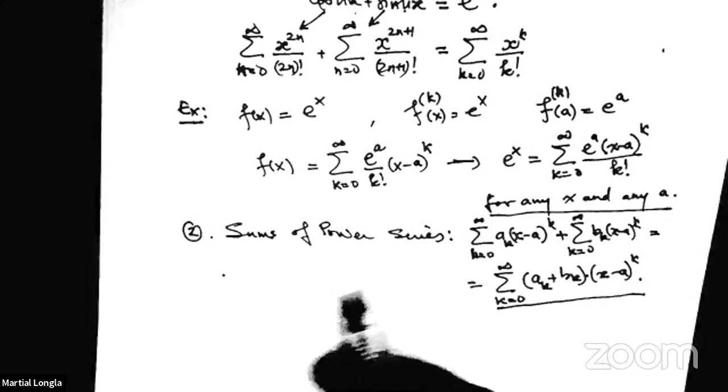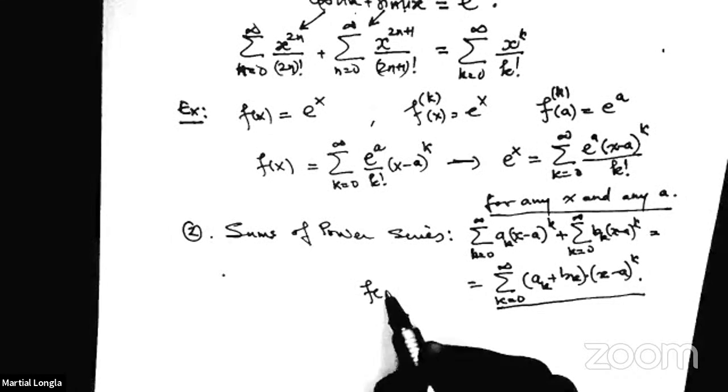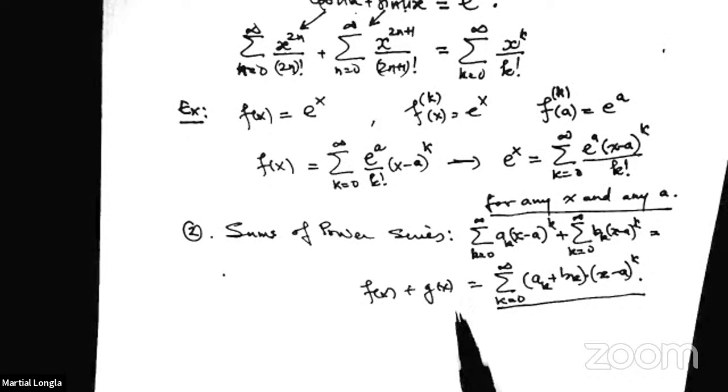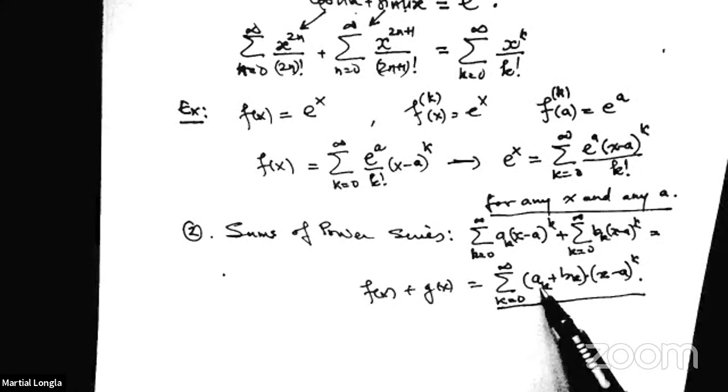And if the first one was f of x and the second one was g of x, then the function is going to be equal to the sum of the two functions. And that will be true on the interval where both series converge, right?